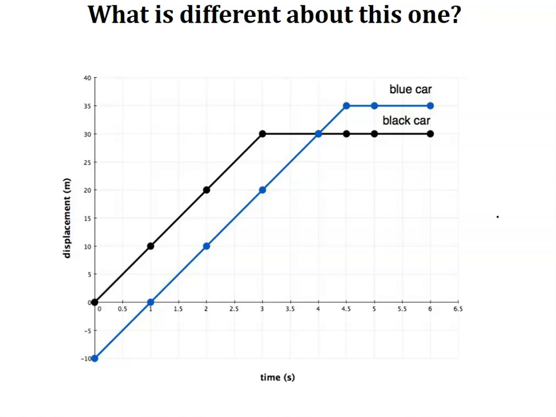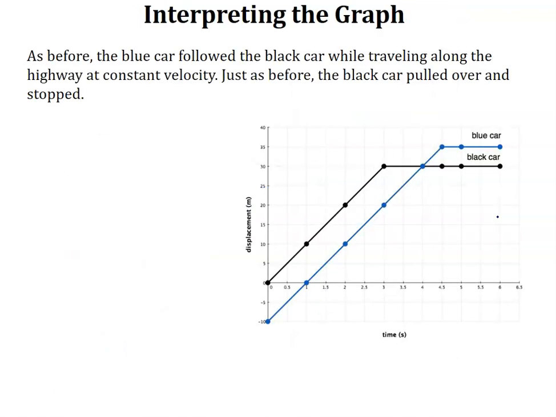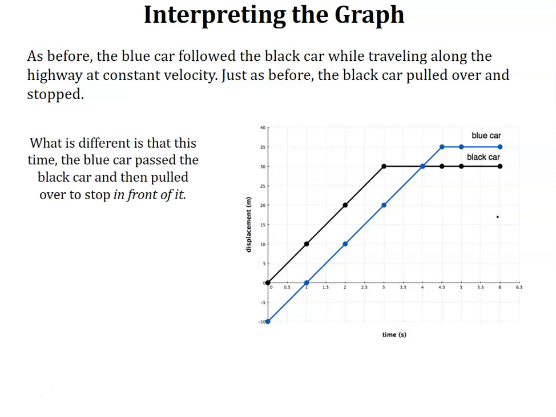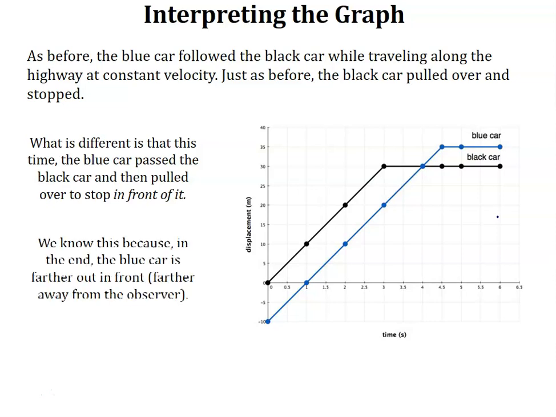How about this graph? What is different about this graph? As before, the blue car followed the black car while traveling along the highway at constant velocity. Just as before, the black car pulled over and stopped. What is different is that this time the blue car passed the black car and then pulled over to stop in front of it.